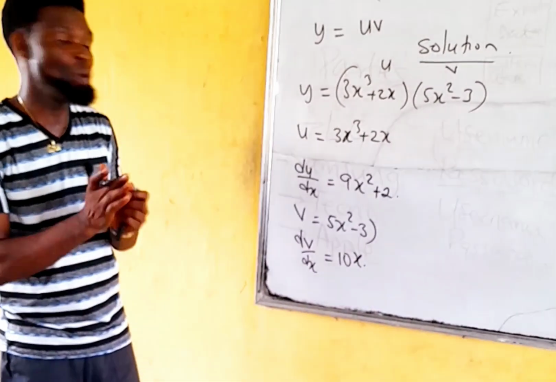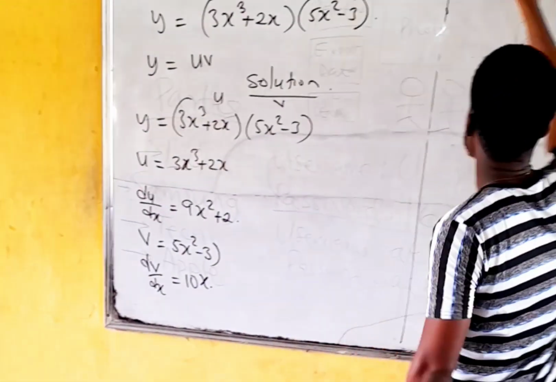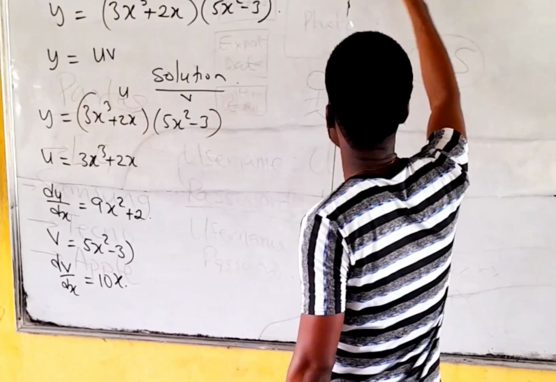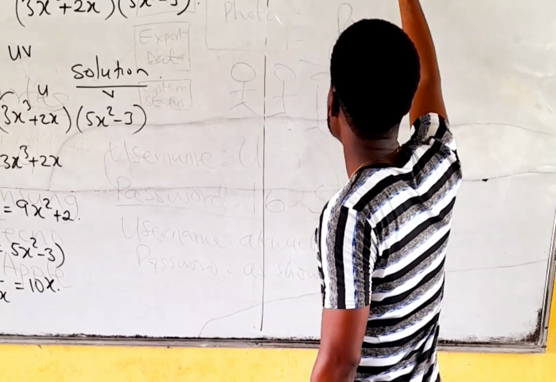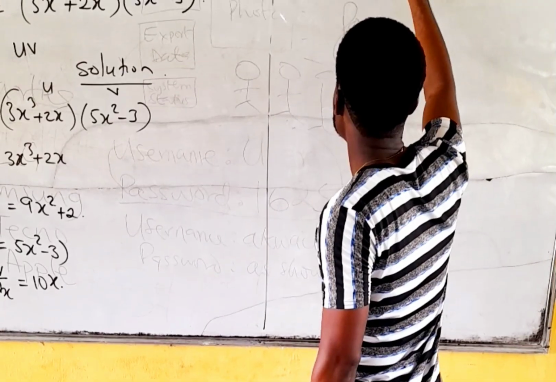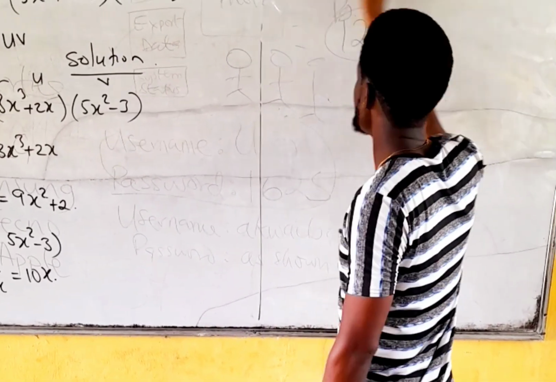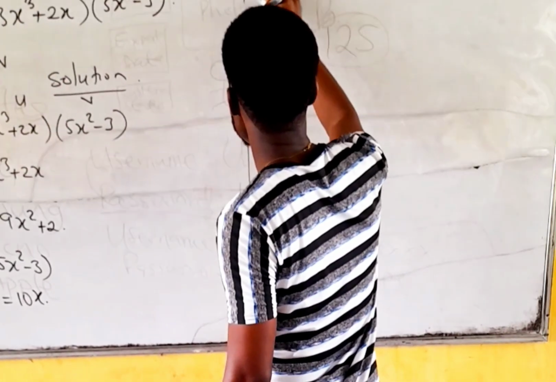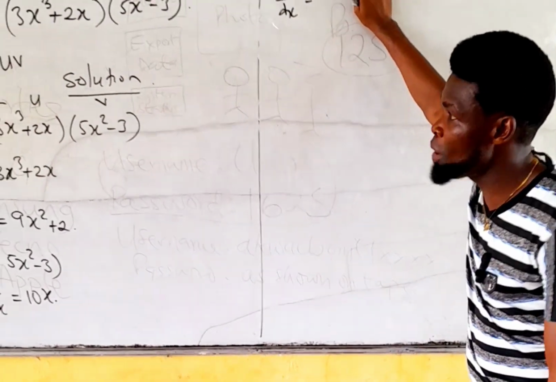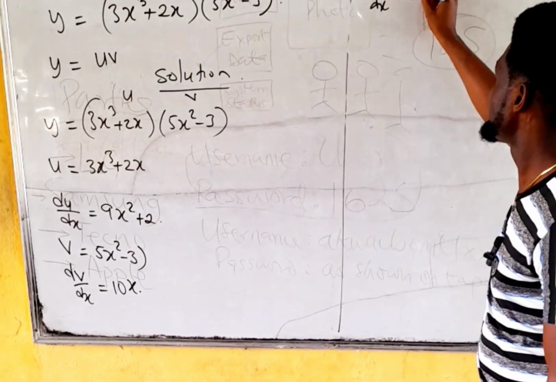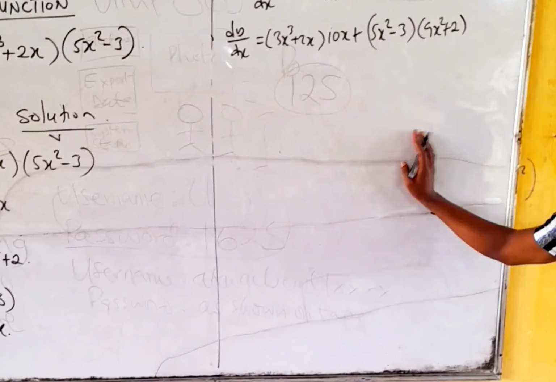Next is to recall the formula. So we say that the formula for dy dx for a product function is equal to u dv over dx plus v du over dx. Simple. So which means that dy dx is equal to, now let's bring in the parameters. Class, what is u? 3x cubed plus 2x. And what is dv dx? 10x. We are done with calculus.